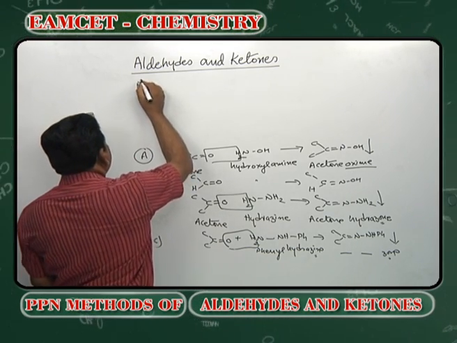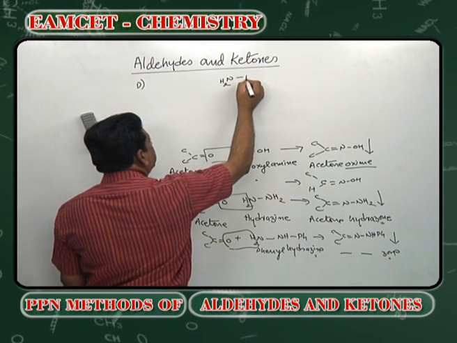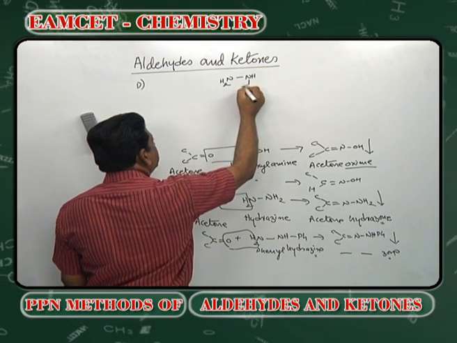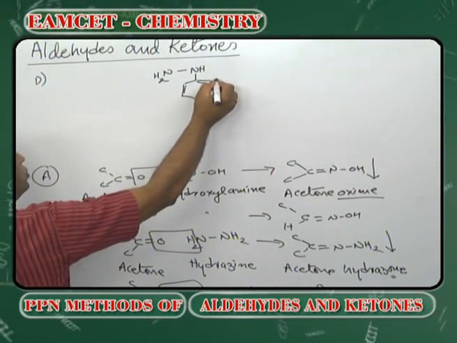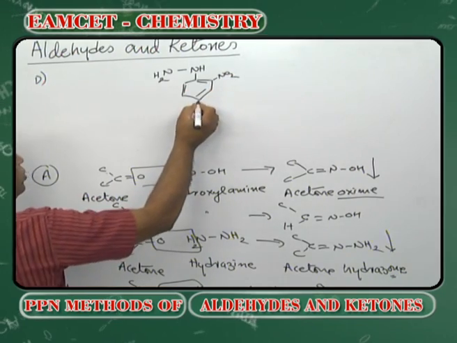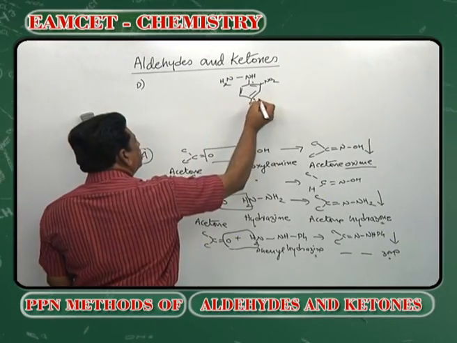We have two more reagents. If the reagent is ammonia containing ammonia with a benzene, that is a phenyl ring, in the phenyl we have two nitro groups also. Where are they? On the second carbon and on the fourth carbon.